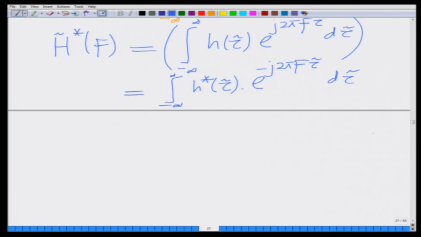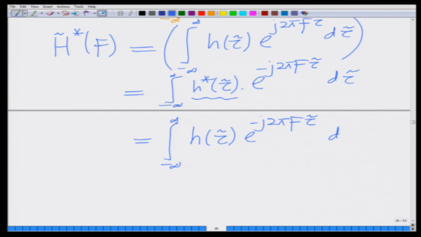But we are considering a system with a real impulse response h of t. So, this becomes the integral from minus infinity to infinity of h of tau tilde e power minus j 2 pi f tau tilde d tau tilde, and this is nothing but the Fourier transform h of f of h tau.